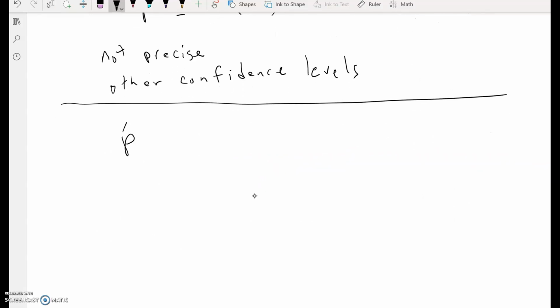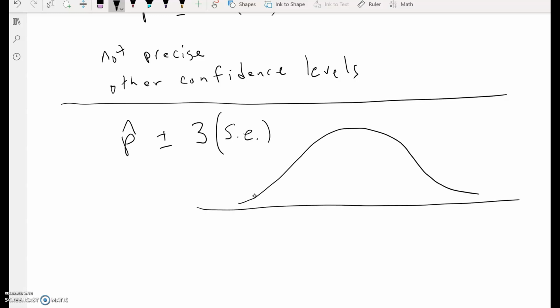So if you did p hat plus or minus 3 times the standard error, well, we know from the 68, 95, 99.7 rule that if you go out, so p is in the middle, if you go out 3 standard errors up and down, then you can say that 99.7% of all samples are within 3 standard errors of the real percentage, whatever that is. And so you multiply your standard error by 3. And then you can be 99.7% confident.